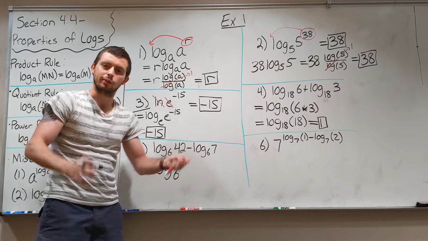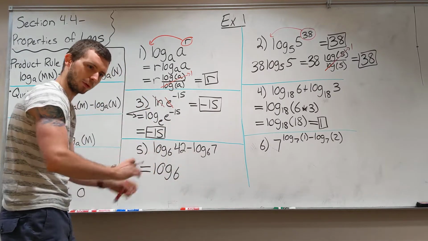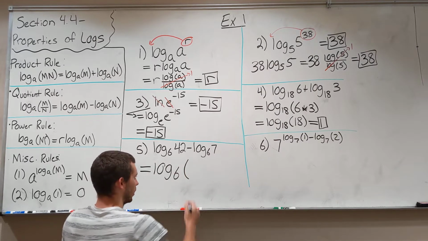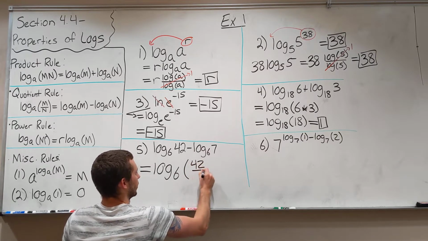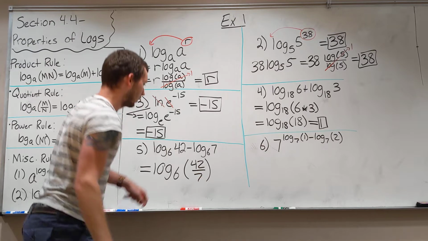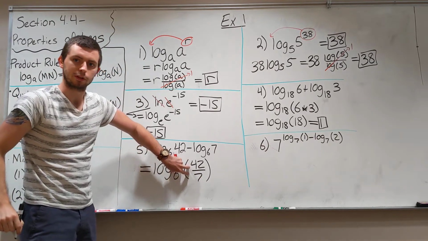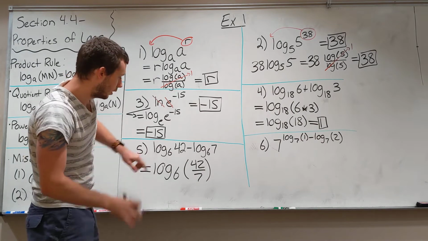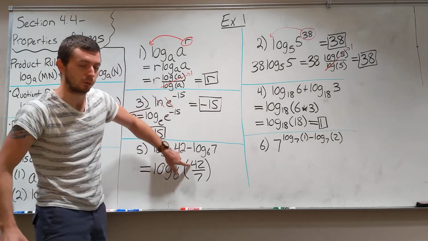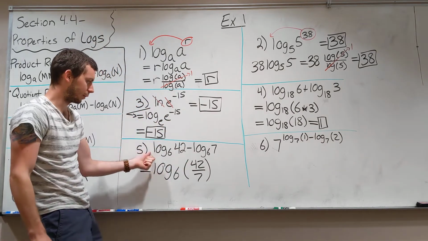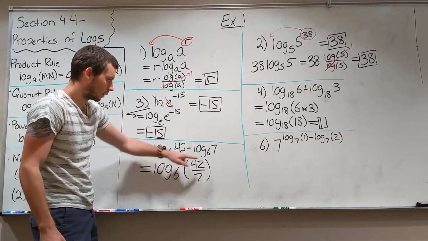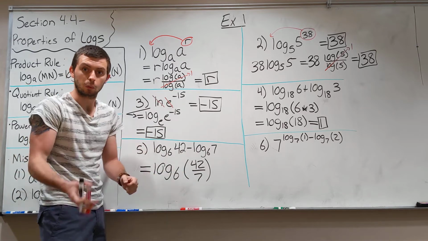The log base 6's just combine together, and what's inside the logarithm is the quotient. Now, the order does matter. 42 divided by 7 or 7 divided by 42, that order matters. The positive log has to go on top. So the positive log is the one with the 42, and that's why it's here in the numerator. 7 denominator, so that order does matter.